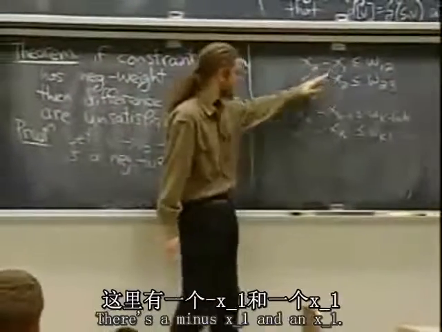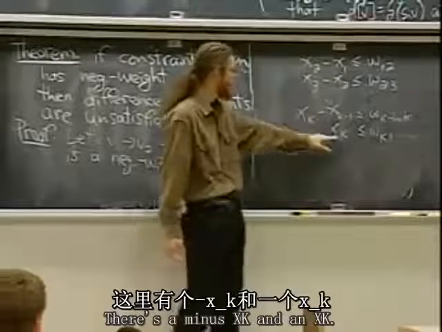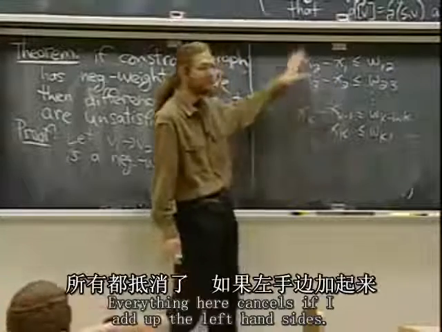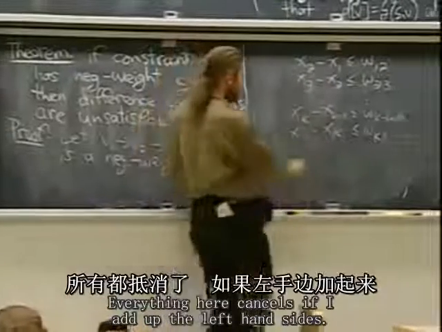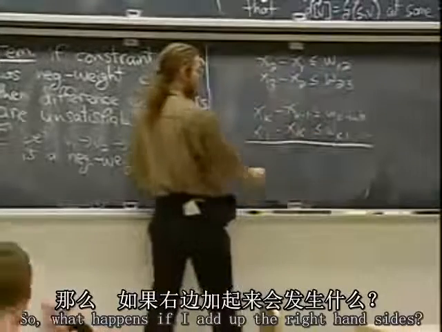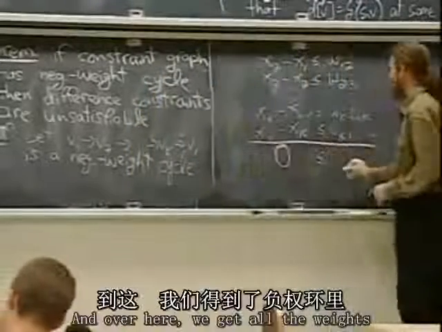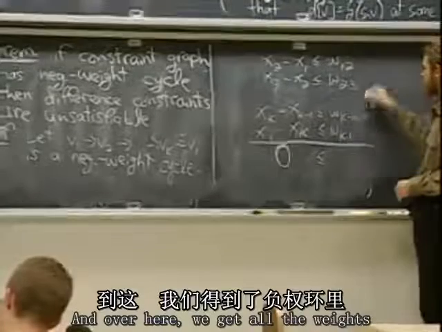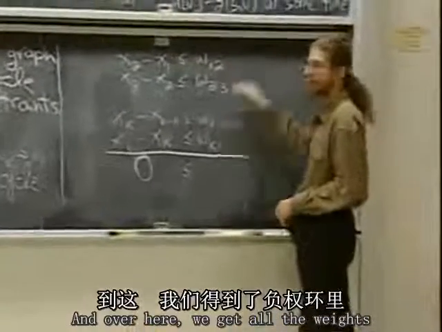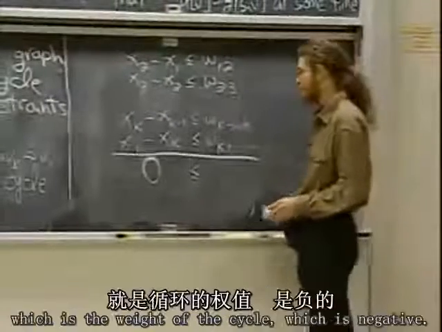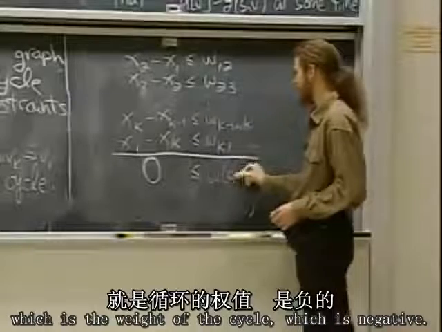There's an x1 and a minus x1. There's an xk and a minus xk. Everything here cancels if I add up the left-hand sides. So what happens if I add up the right-hand sides? So over here I get 0, my favorite answer. And over here we get all the weights of all the edges in the negative weight cycle, which is the weight of the cycle, which is negative.